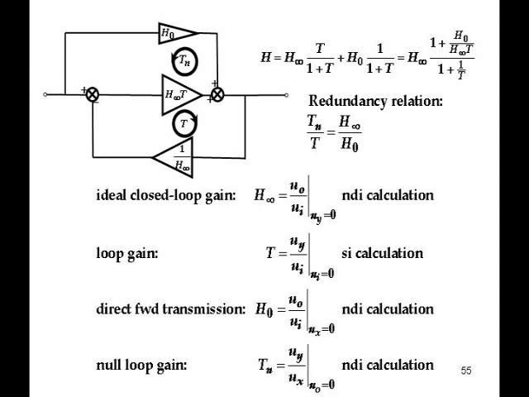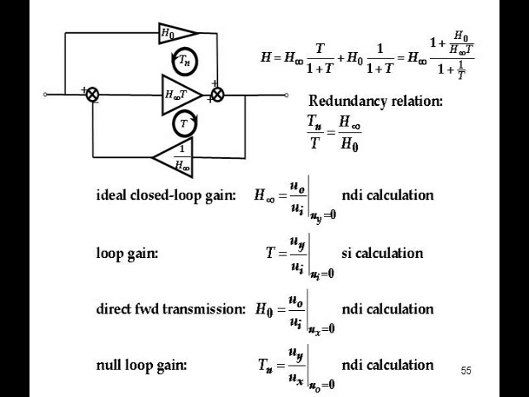T is Uy over Ux, I see a typo in there, it should be Ux, not Ui in the denominator. That's a single injection calculation. Direct forward transmission, H0 is U over Ui with Ux nulled, null double injection again, and the null loop gain is Uy over Ux with the output null. So that's a summary of where we are to this point.